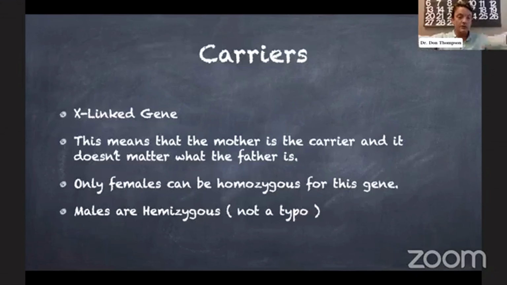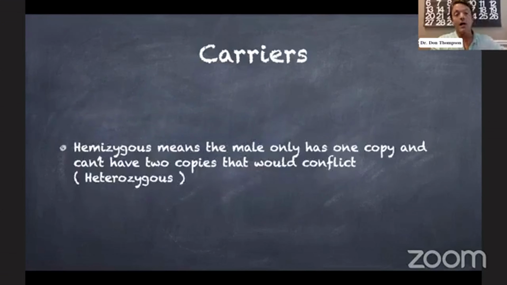But in this particular one, it's only the females that pass it down. So the males can have it, but they're not carriers, so they are what's called hemizygous. That's not a typo, because you always hear about hetero and homozygous, but these are hemizygous, meaning they only have one copy.